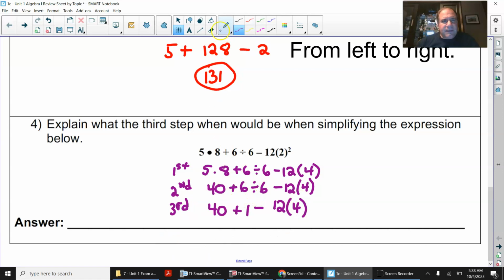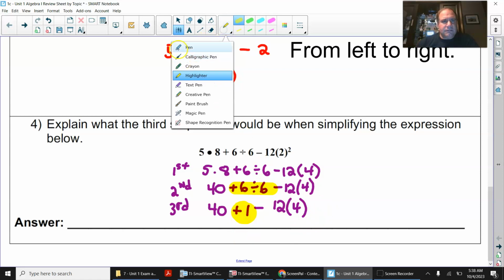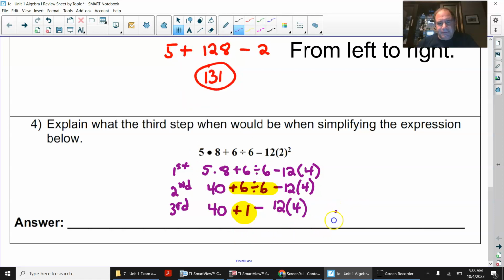So this right here would be that third step that we're talking about. And that is it. 6 divided by 6.